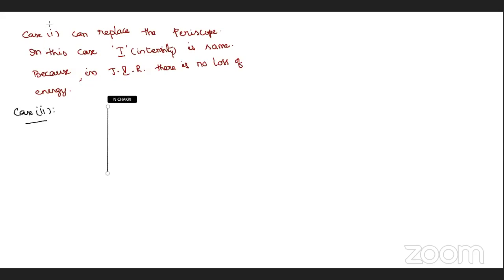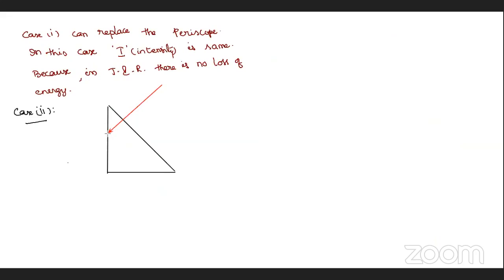Means like this. An isosceles right angle prism, and here the light is incident this time normal to the hypotenuse, perpendicular to the hypotenuse like this.